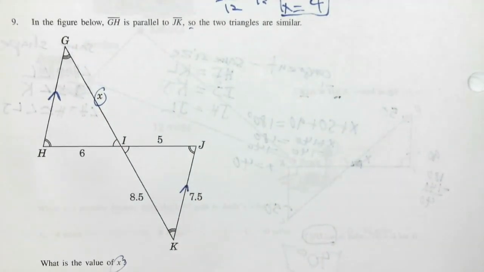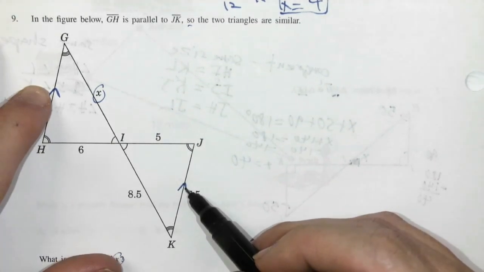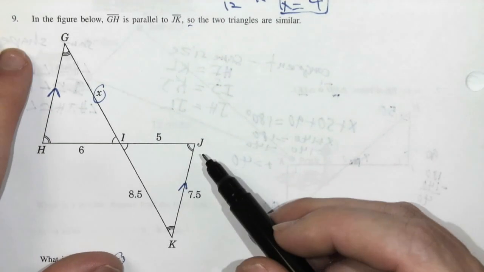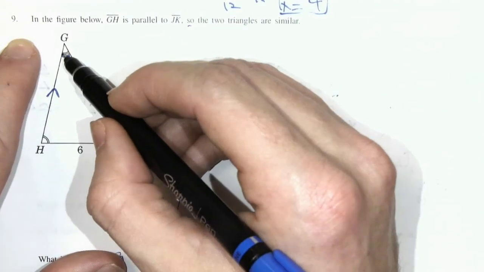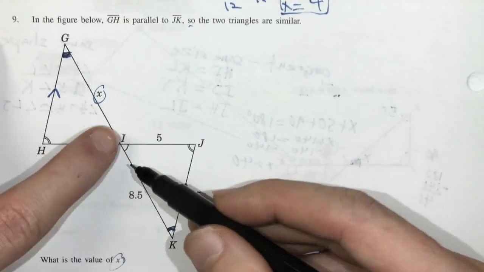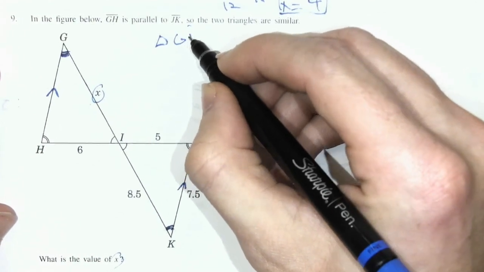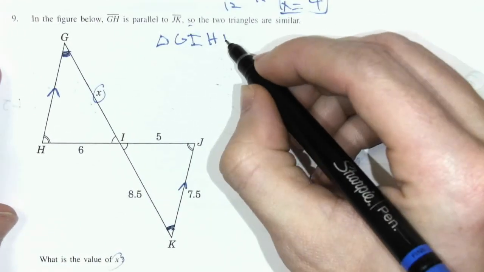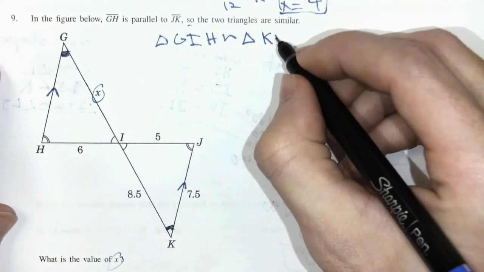Okay, well, it gives me all this information, but the reason that the parallel lines make the triangles similar is because my alternate interior angles then become congruent. So G is congruent to K, and J is congruent to H. So I have that triangle GIH is similar to triangle KIJ.